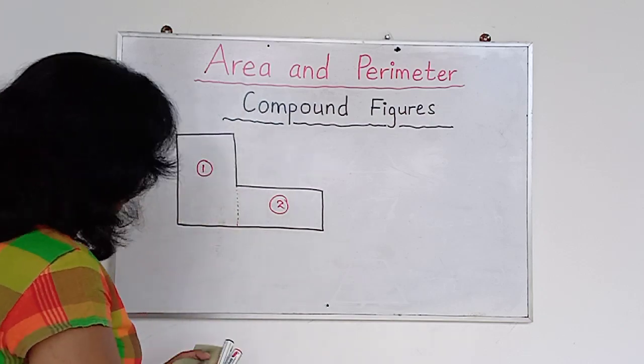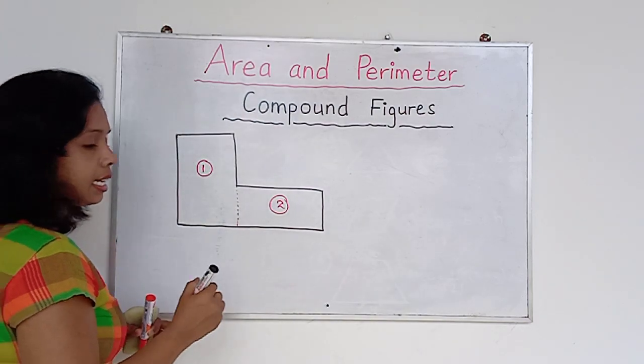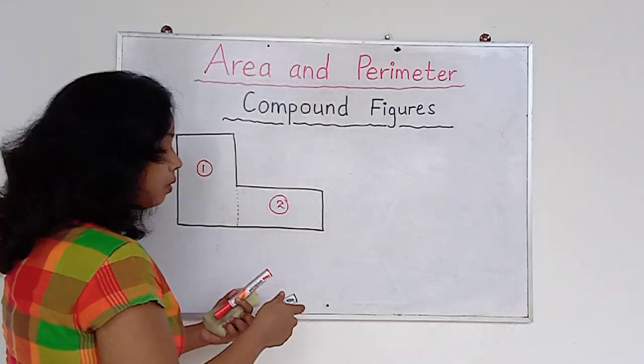Children, it's like this. You want to do it in a few steps. First of all, let's write down the values of them.